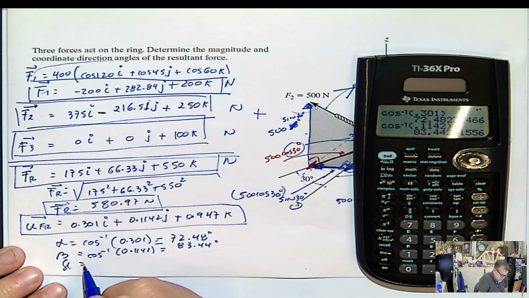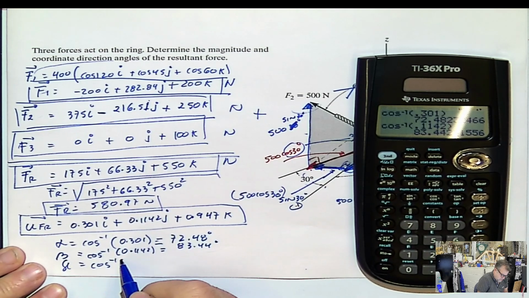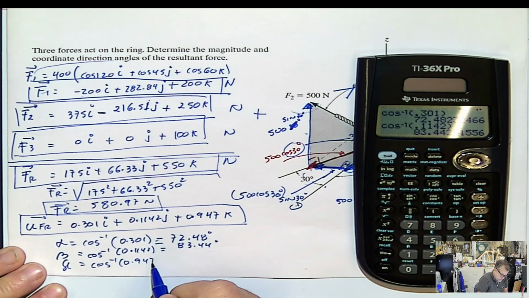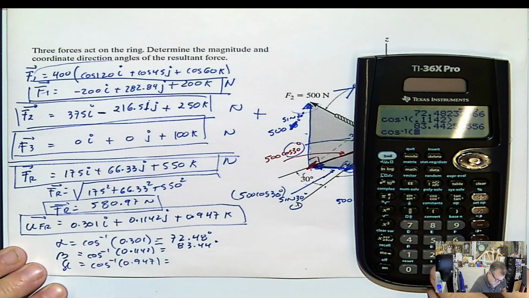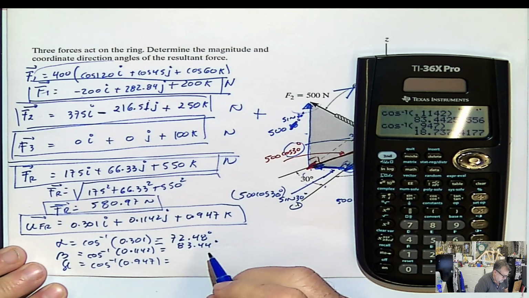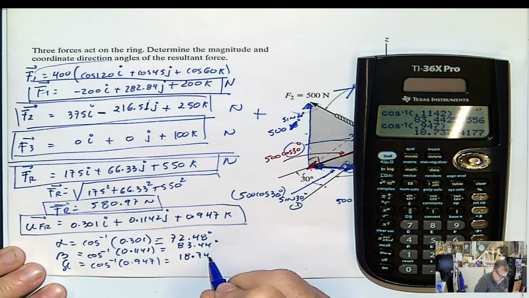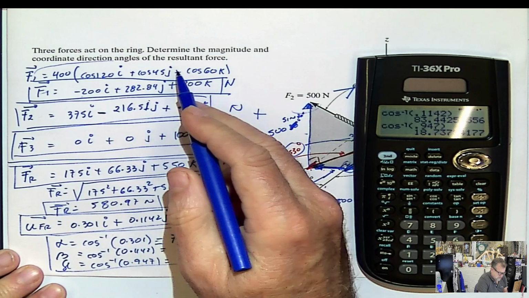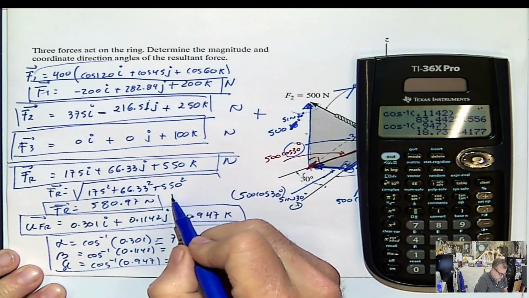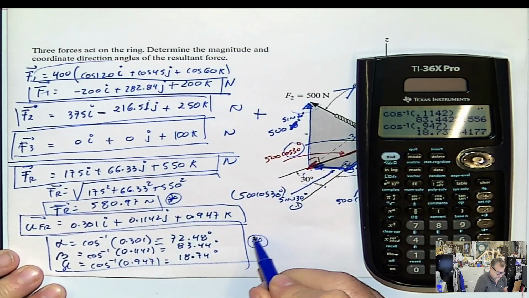And gamma will be the inverse cosine of the K component, 0.947, and that is 18.74 degrees. Results: magnitude of the resultant force, coordinate direction angles.